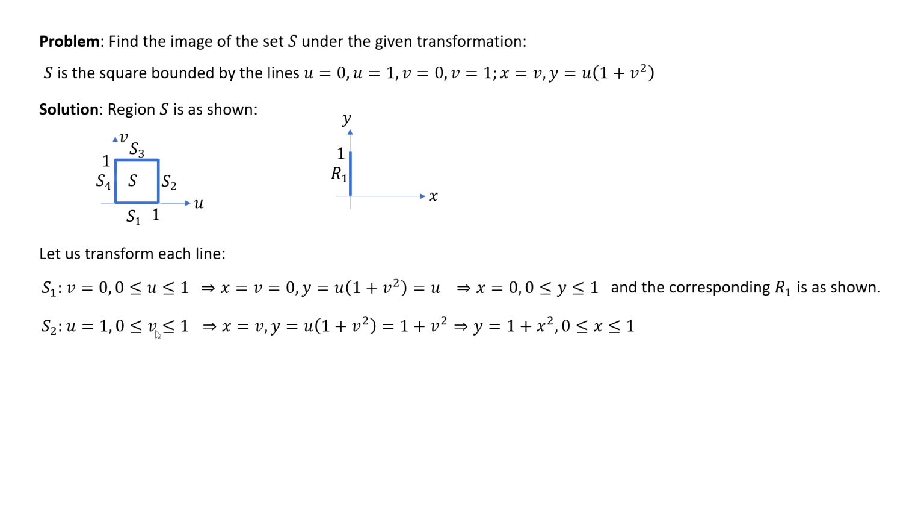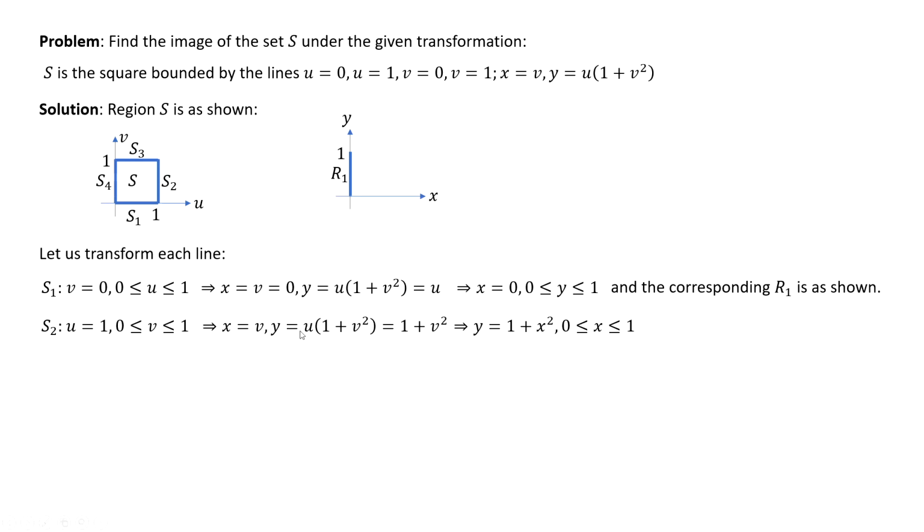All right. So another thing that we can recognize is y happens to be 1 plus v square, but v equals x, so we can say y equals 1 plus x square. Okay. What exactly did I do? Please pay attention to this part.